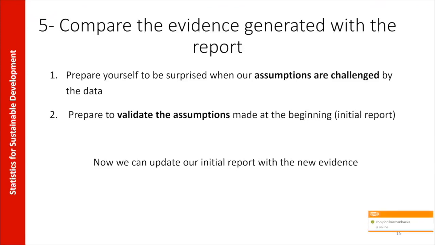So we can have these two kinds of outcomes. And now, basically at the end of the process, we can update our initial report with the new evidence found during the process.